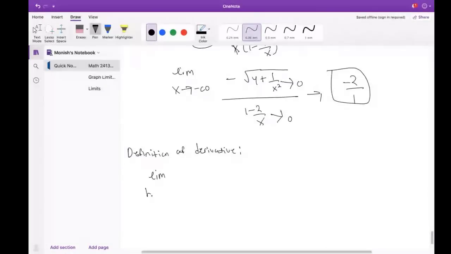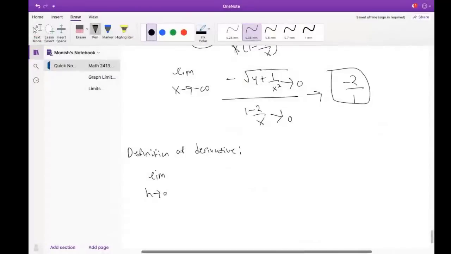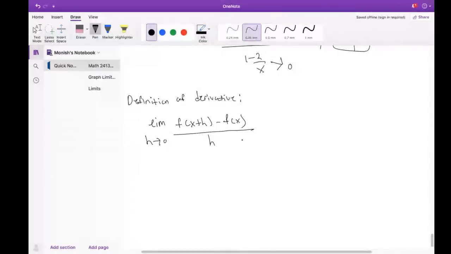So if you remember, it's the limit as, yeah, exactly. So it's the limit as h approaches 0 of f of x plus h minus f of x over h. Okay, and this would be just the derivative of the function.